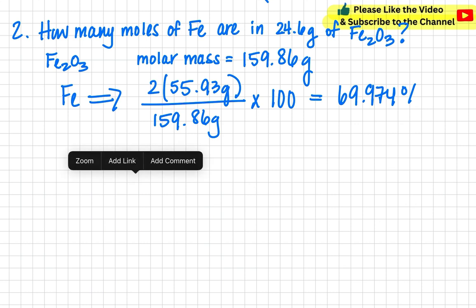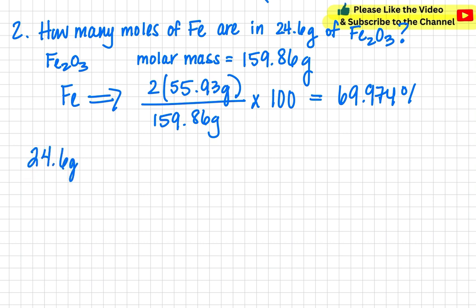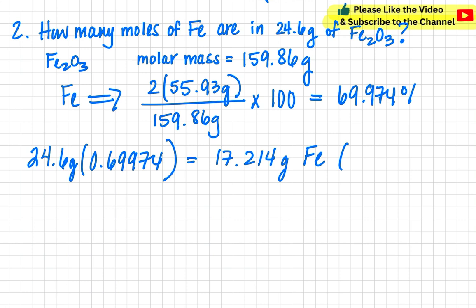So 24.6 grams times 0.69974 is equal to 17.214 grams of iron that was in the larger molecule.